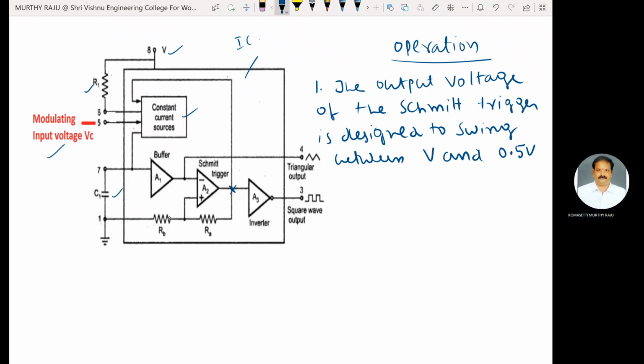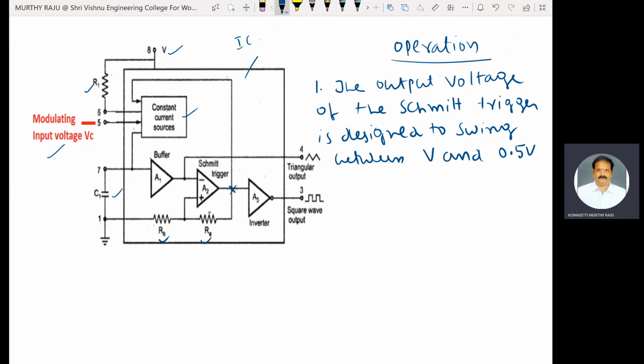Here RA is equal to RB is equal to R. For RA equal to RB equal to R, the voltage at the non-inverting terminal swings between 0.5 V and 0.25 V. This is the positive feedback, because the output is connected to the non-inverting terminal of the op amp.